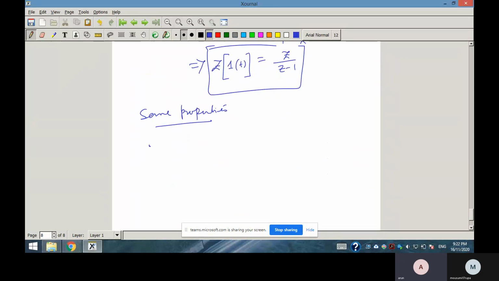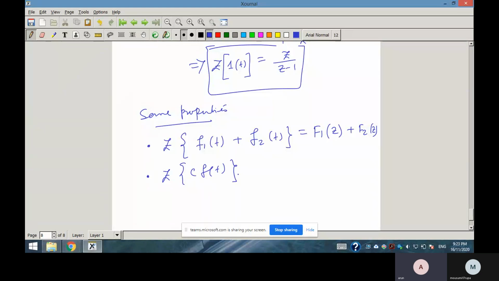For example, Z transform of f1t plus f2t you can write as F1z plus F2z, where F1z is the Z transform of f1t and capital F2z is the Z transform of f2t. Similarly, Z transform of c into ft, c being any scalar, is c into Fz.